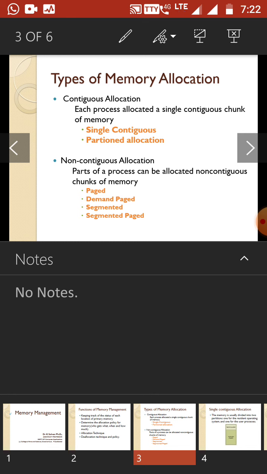Always remember that memory management techniques are broadly classified into 2: contiguous and non-contiguous. In contiguous, single contiguous and partitioned allocation are available. In non-contiguous memory allocation, there are 4 techniques: paged, demand paged, segmentation, and segmented paging.